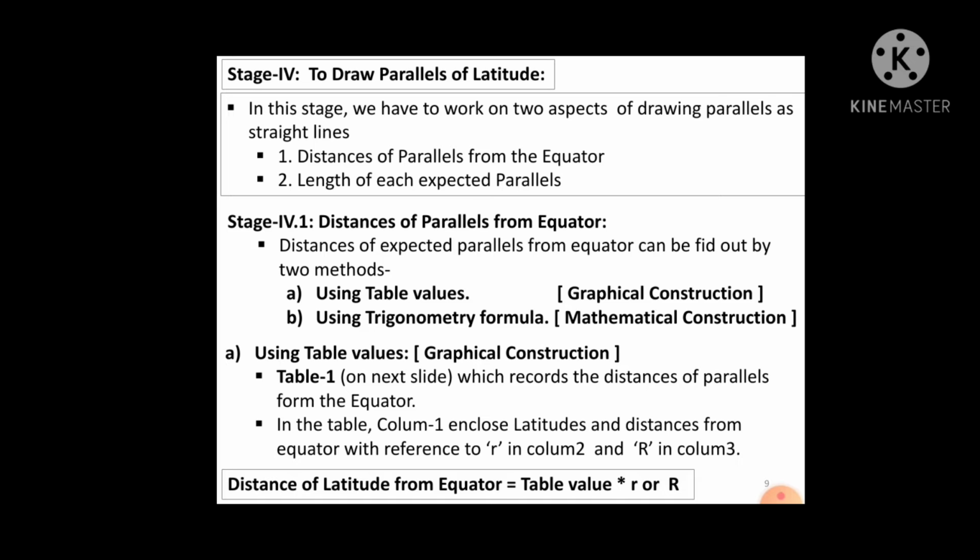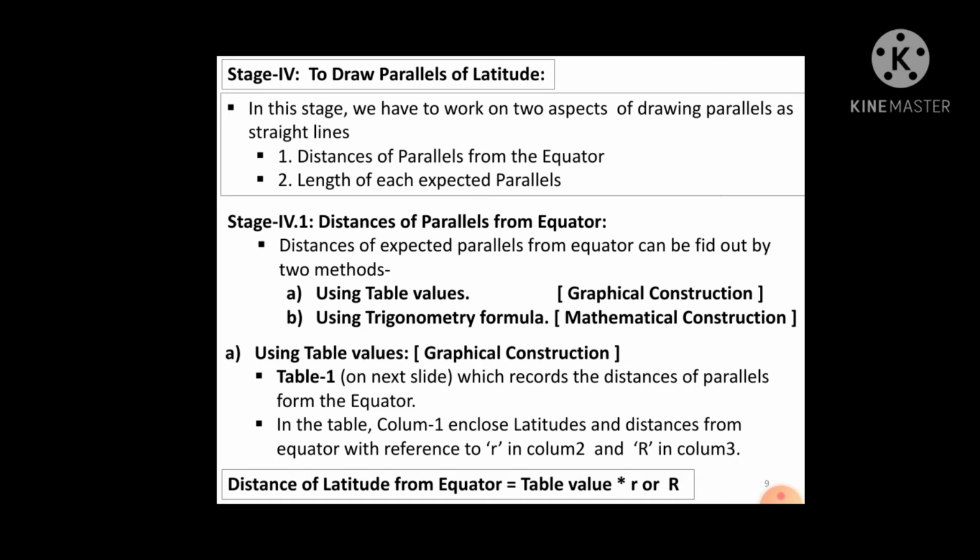If you are using the small r value to find the distance from the equator, you must refer to the values of column number 2. And if you want to use the capital R, that is the radius of the reduced earth, then you have to use the values from column number 3.